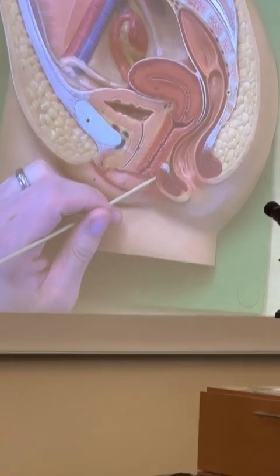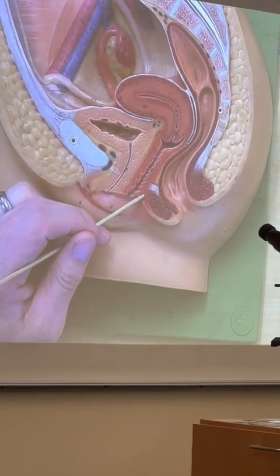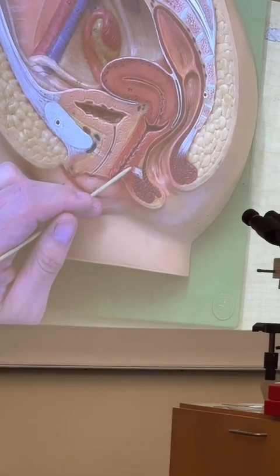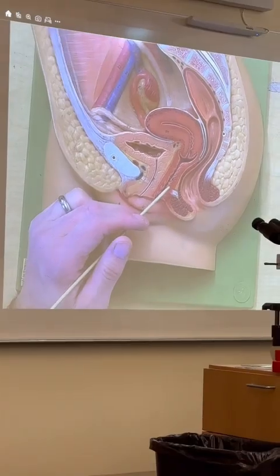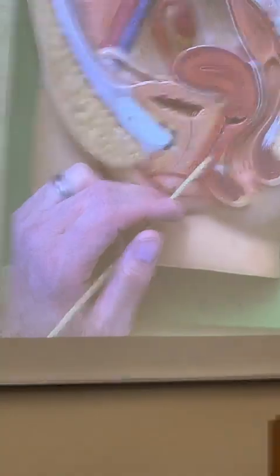Called the greater vestibular gland. Remember how the bulbourethral gland that we looked at on Wednesday was just off of the mid-sagittal line, so not every model showed it. The greater vestibular gland is kind of the same.